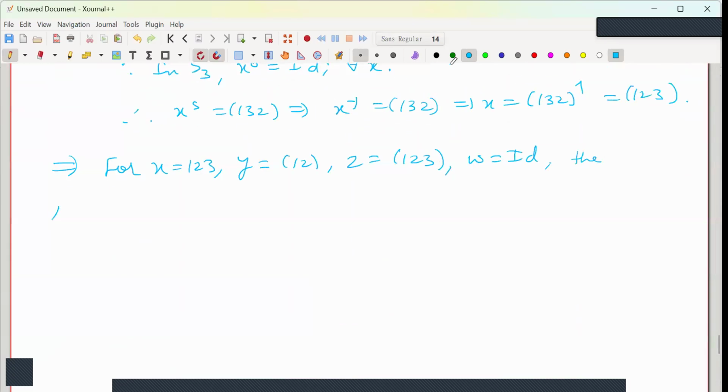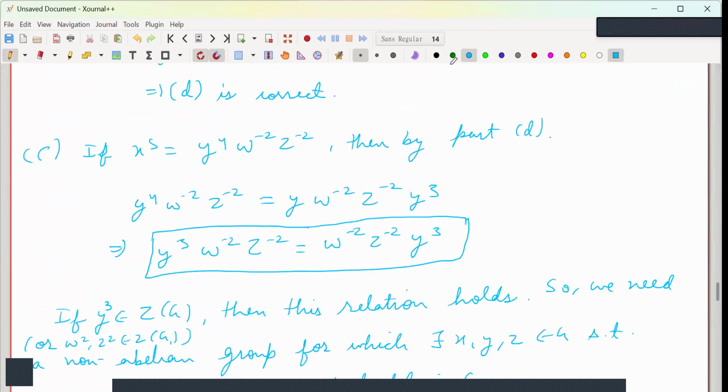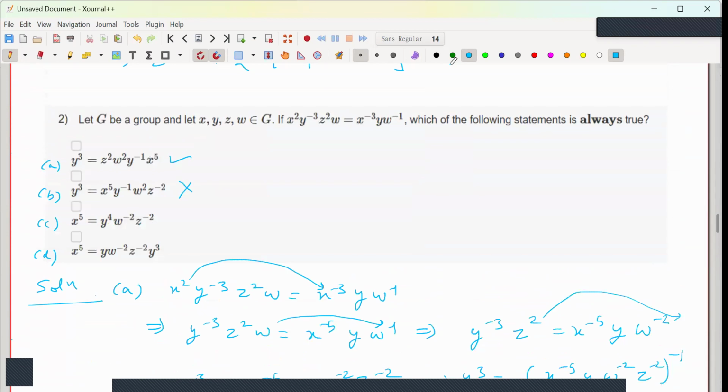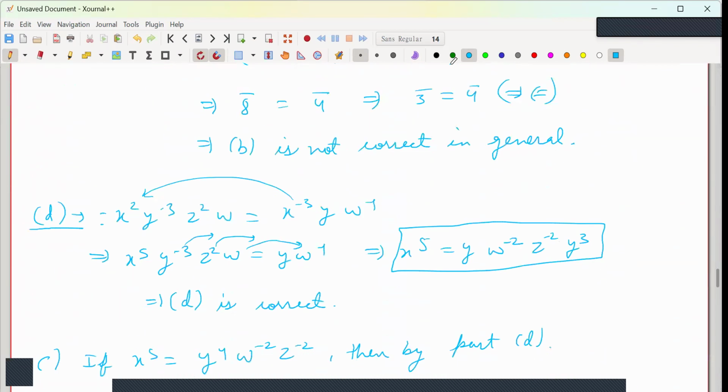The second relation holds, but x5 is not equal to. So we were doing all these things to prove that C is incorrect. And C says that x5 is y4 w minus 2 z minus 2, right? So this doesn't hold.